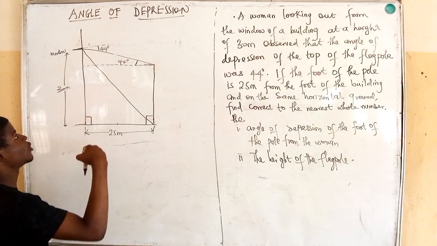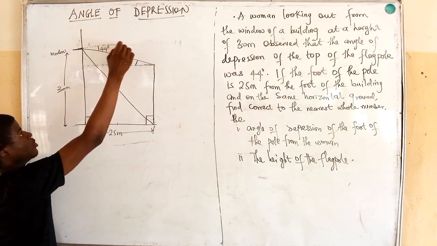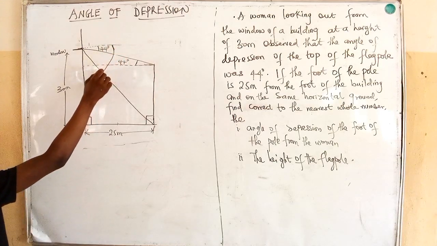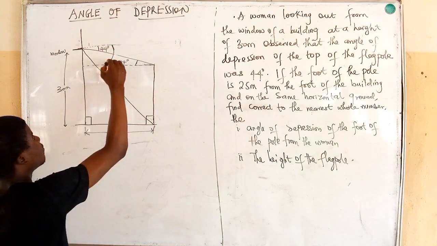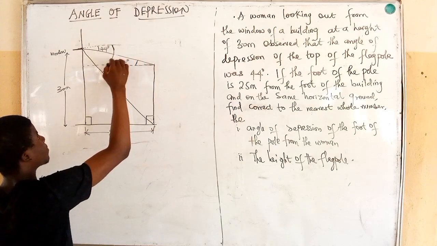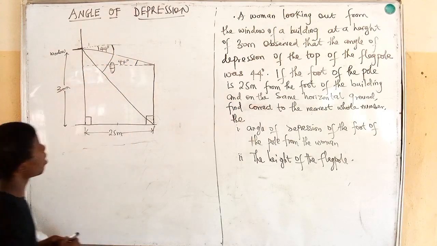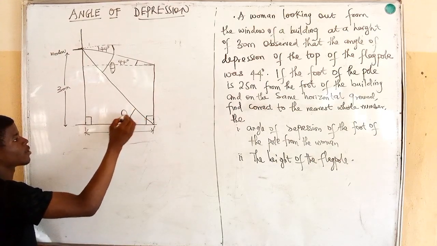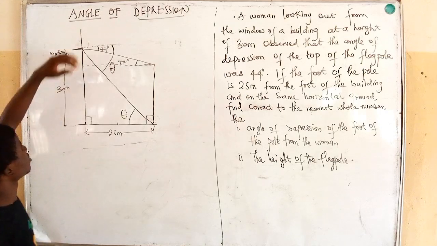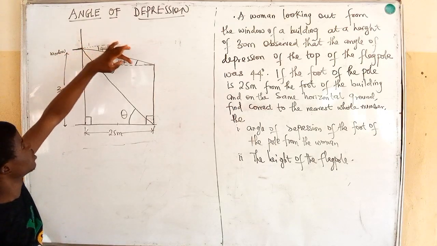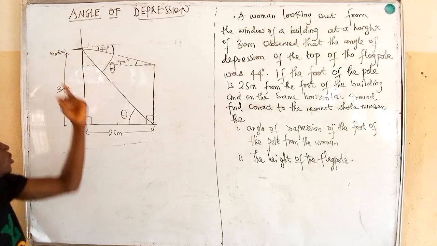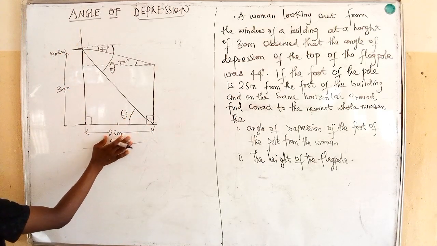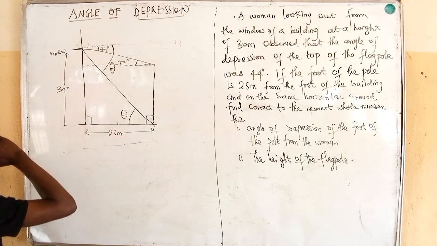The angle of depression will be the angle from this horizontal to this line of sight. So let's call this angle of depression theta. Now by alternate angles, the value of this is also theta. Alternate angles are equal. Just the same way 44 degrees equals 44 degrees here, theta also equals theta. Theta is here, 25 meters is here, and 30 meters is here.